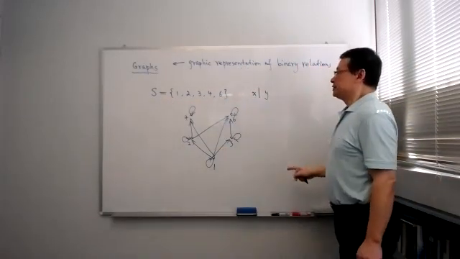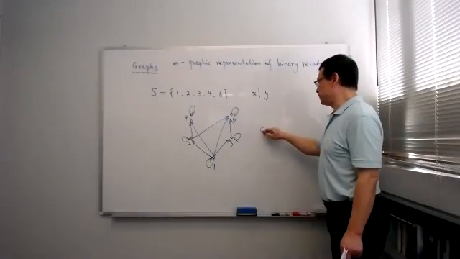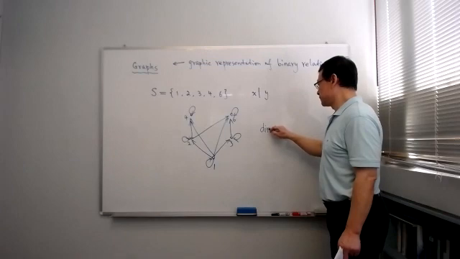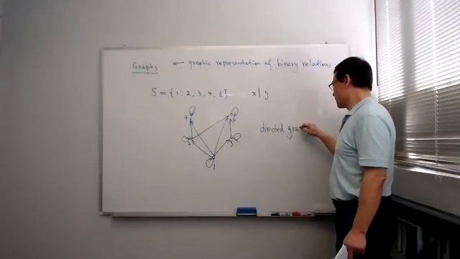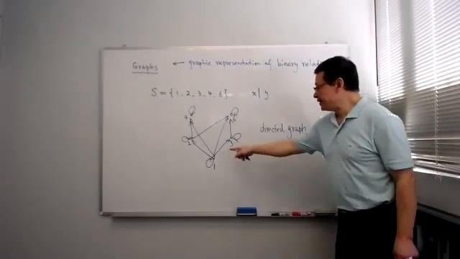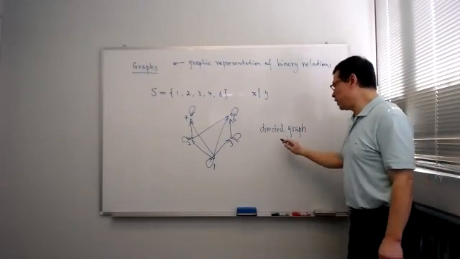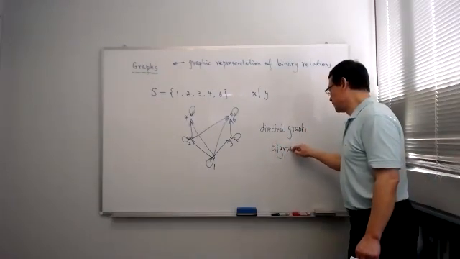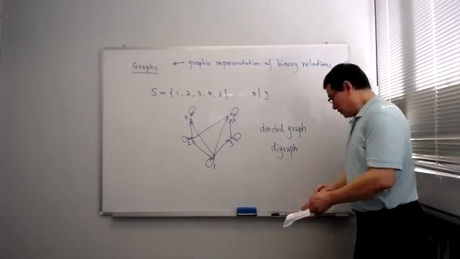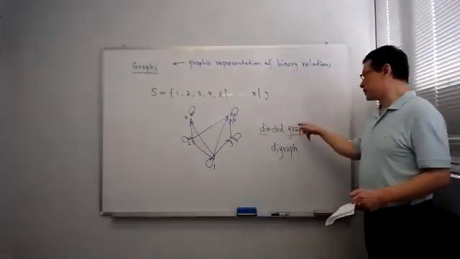All right. So this graphic representation actually gives a so-called directed graph. Because each arrow has a direction, it's called a directed graph. And in short, it's called a digraph, so the "di" comes from directed graph.